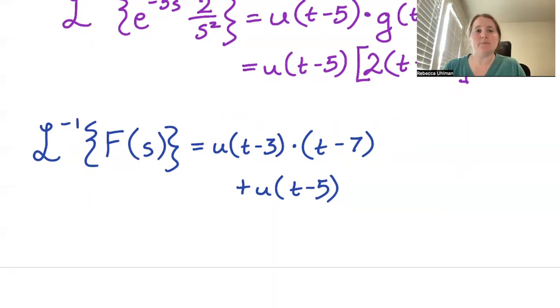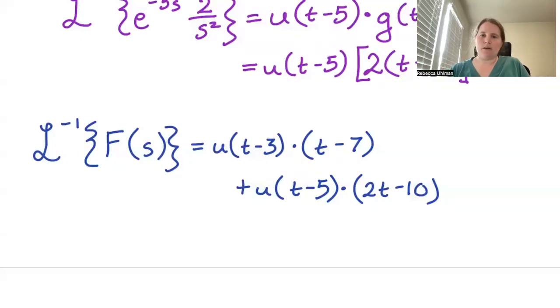Oops, I need to update my screen. I apologize. So updating my screen, I now have the u of t minus 5 times 2t minus 10.